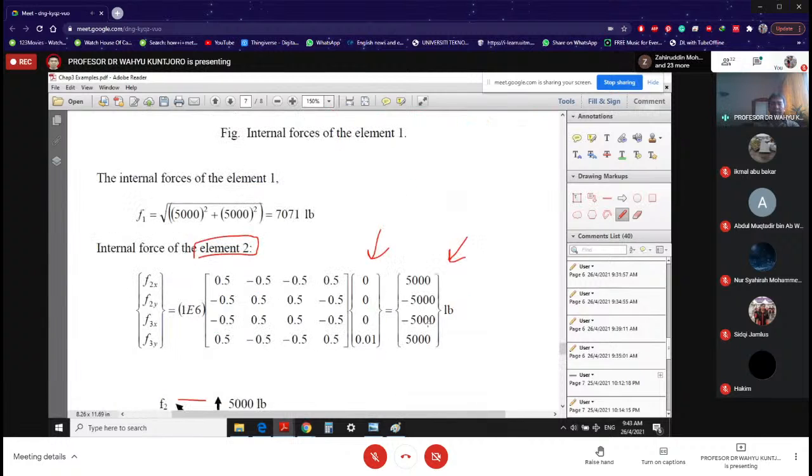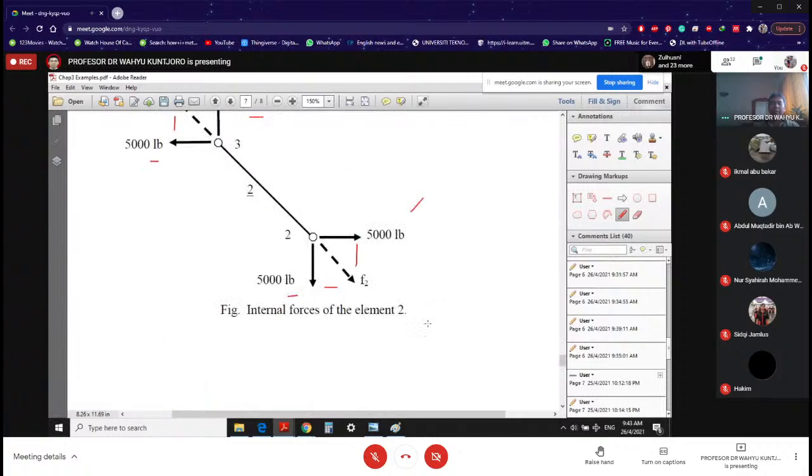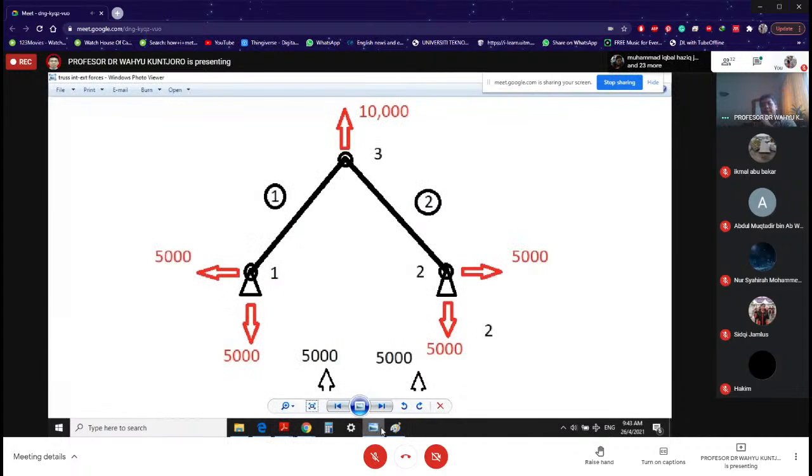You have everything. So now let's relate what we have done just now. This is our external force, that's the applied force. These are reactions. That's what we have done before.